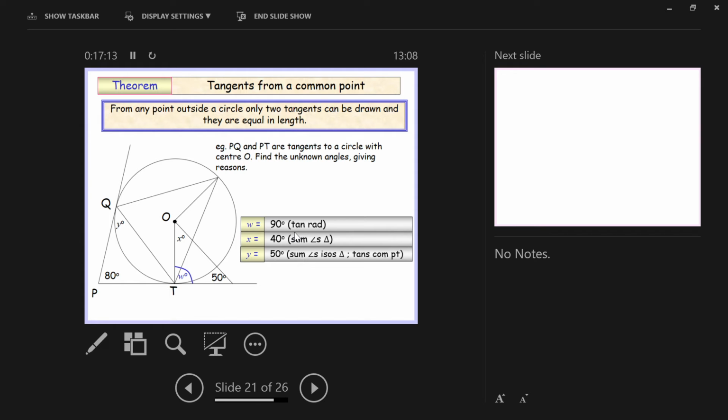So Y sê ons is 50 grade en daar kon jy gesê het, first thing that we used is tangents from a common point. Hy eindig met hom. Tangents, common point, né? Dan, sodra ons dit geweet het, gebruik ons die binnehoeke van 'n driehoek. So angles of a triangle. Okay.